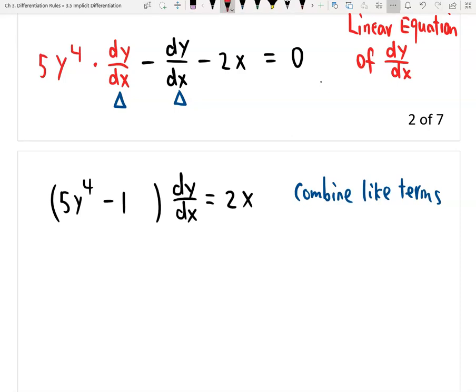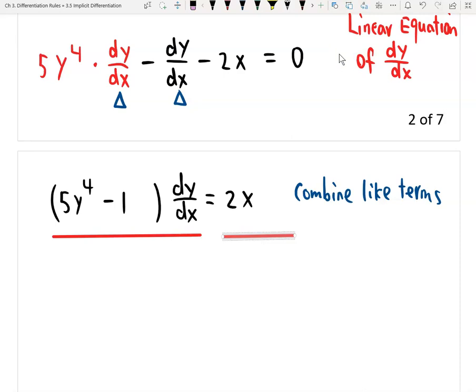What do you do now? Just divide by the coefficient. What is the coefficient? 5y to the fourth power minus 1, right? This is the left, so I will do the same to the right, also dividing by that term.